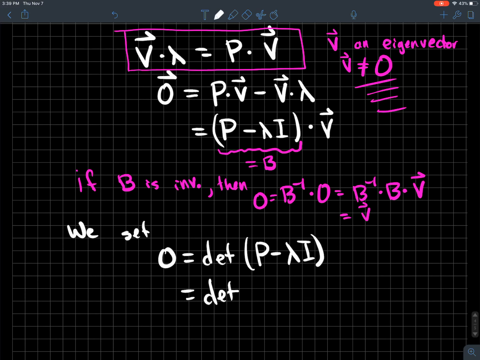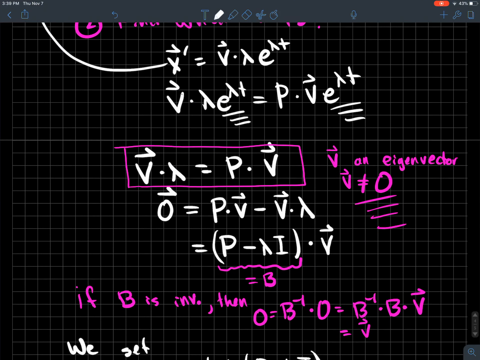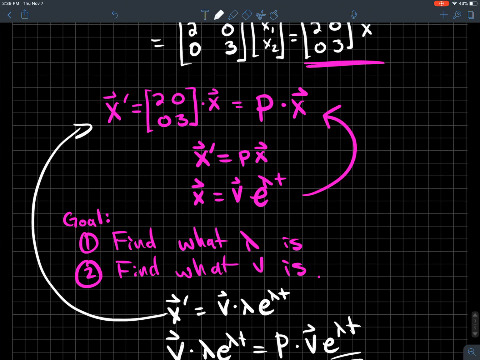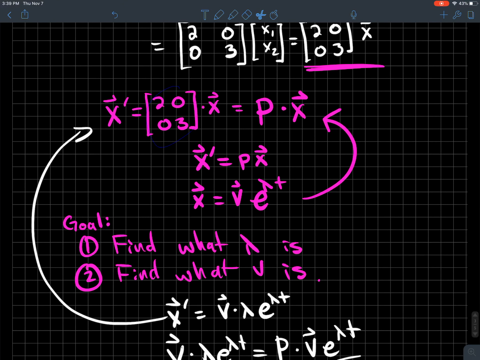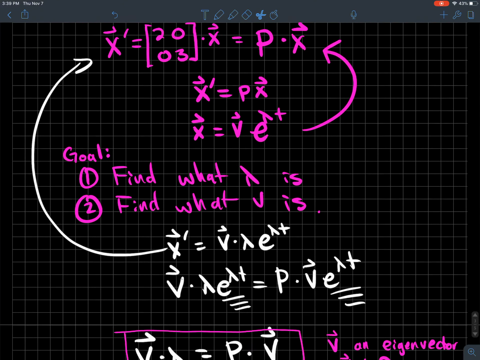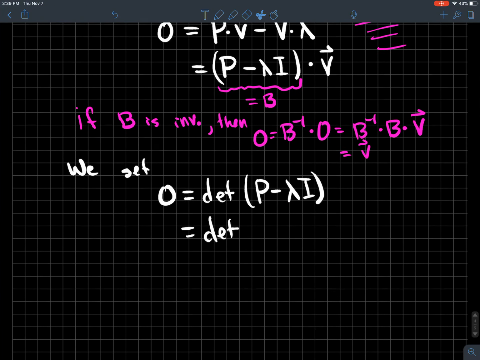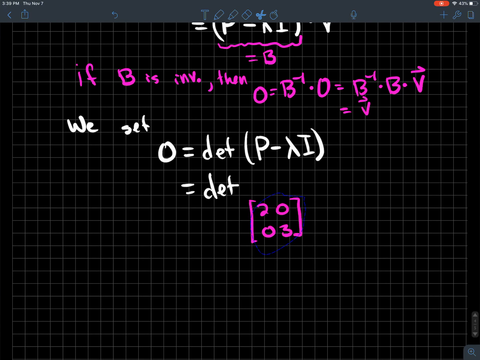Let's go ahead and remember what our matrix is. If we go to the top, our matrix that we're working with, I'll copy this matrix and bring it down, is the one we created, minus lambda times the identity.